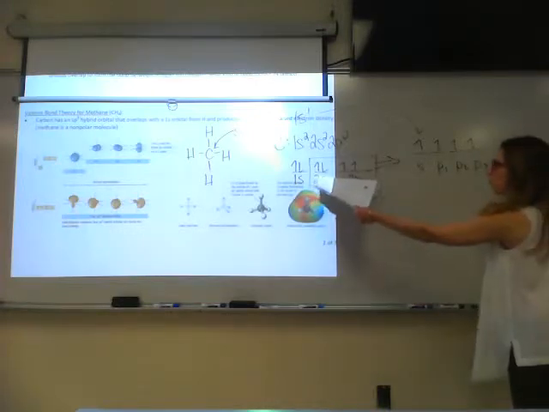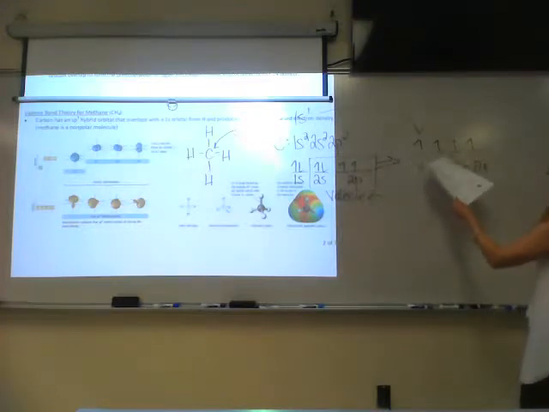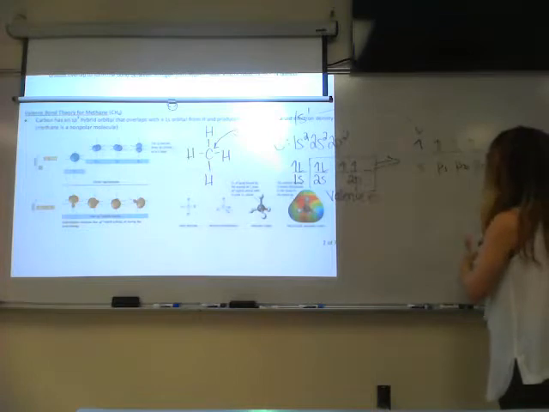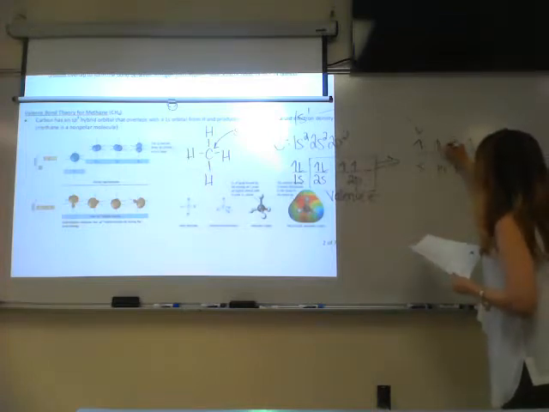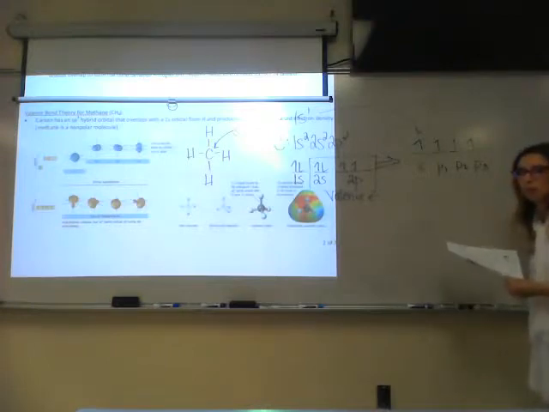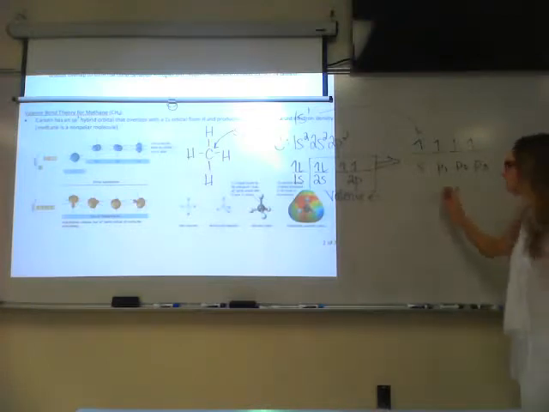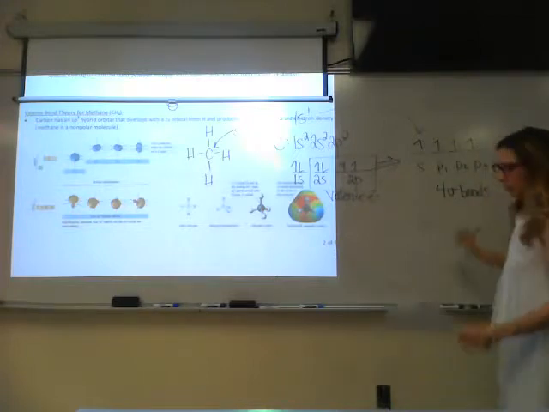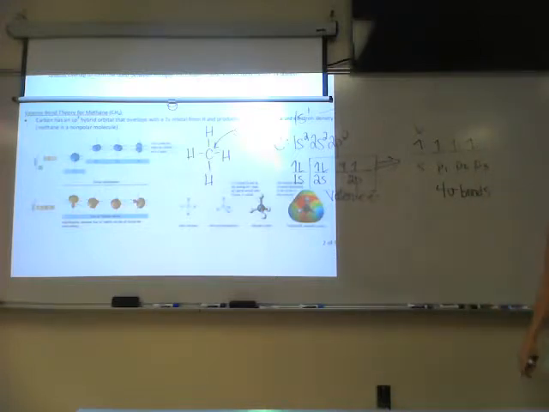I take my 4 valence electrons from carbon, I put 1 in each orbital, and then if I have 4 hydrogens, you have a hydrogen overlapping with each one of them. And that's how you form your 4 sigma bonds around carbon. Does that make more sense?